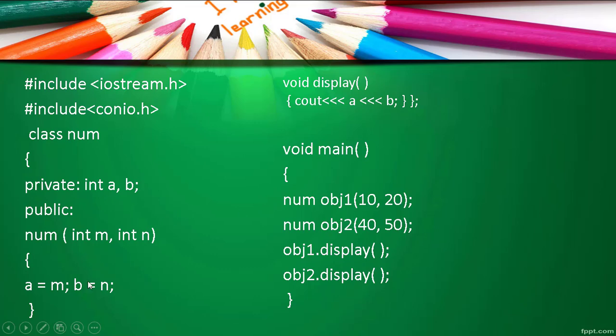But in case of parameterized constructor, object 1 will have 10 and 20 as the value, object 2 will have 40 and 50. So coming to the display, it is a normal member function. So whatever values are being accepted by object 1, that is 10 and 20, will be displayed. Again for object 2, 40 and 50 will be displayed. So the output will be 10, 20, again 40, 50 for object 2.